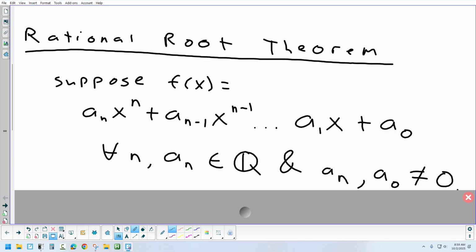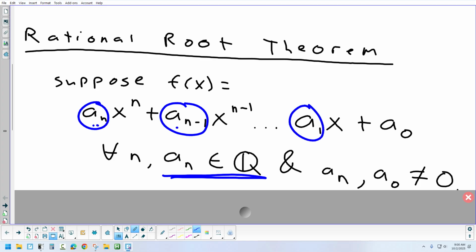This just basically says that all the numbers in front of the x's have to be rational. Remember, Q is the abbreviation for rational. So if you want to write that down, you can: all the numbers in front of the x's have to be rational. And the number in the front and the number at the end can't be 0. That's all it says.